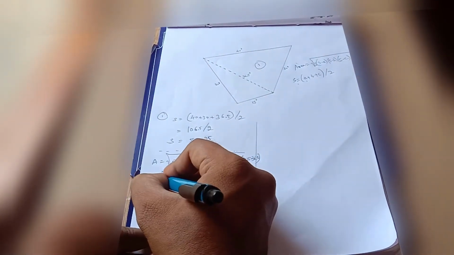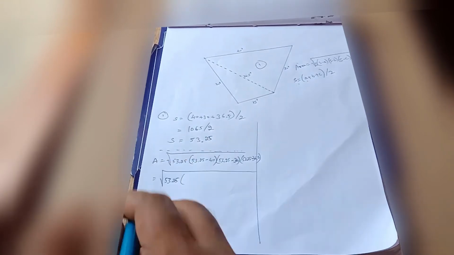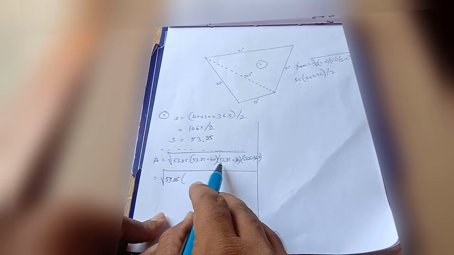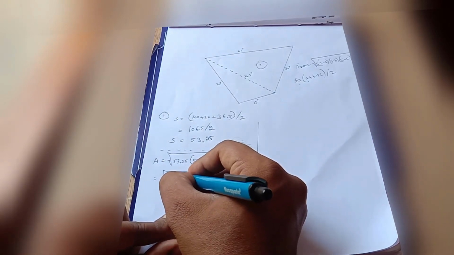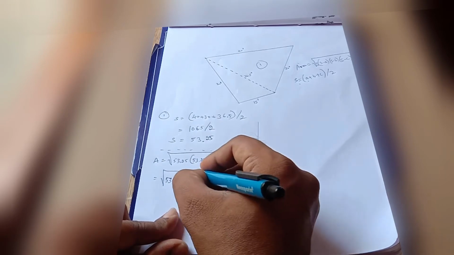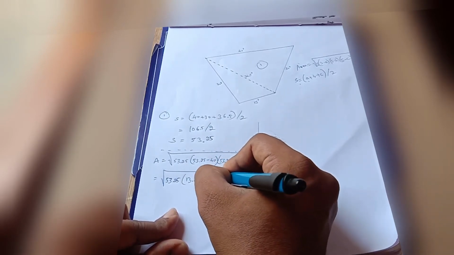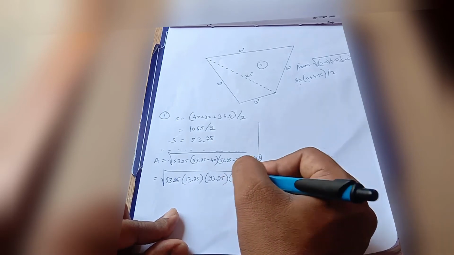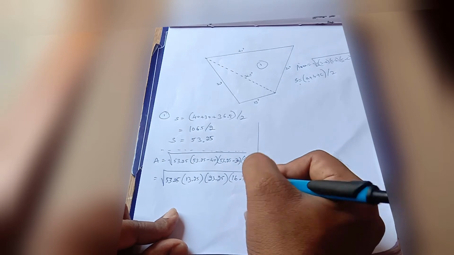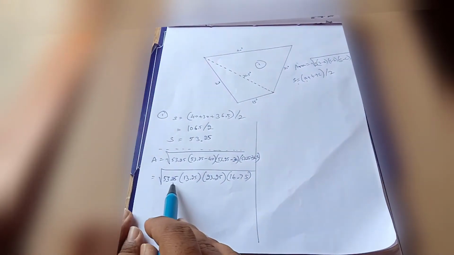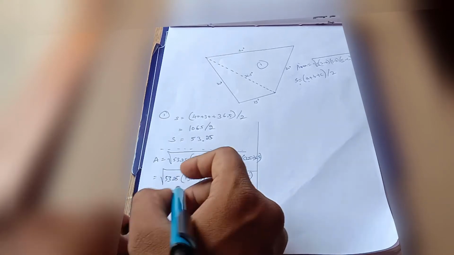What we'll get is 53.25 into, when we subtract the numbers inside the brackets, 13.25 into 23.25 into 16.75.